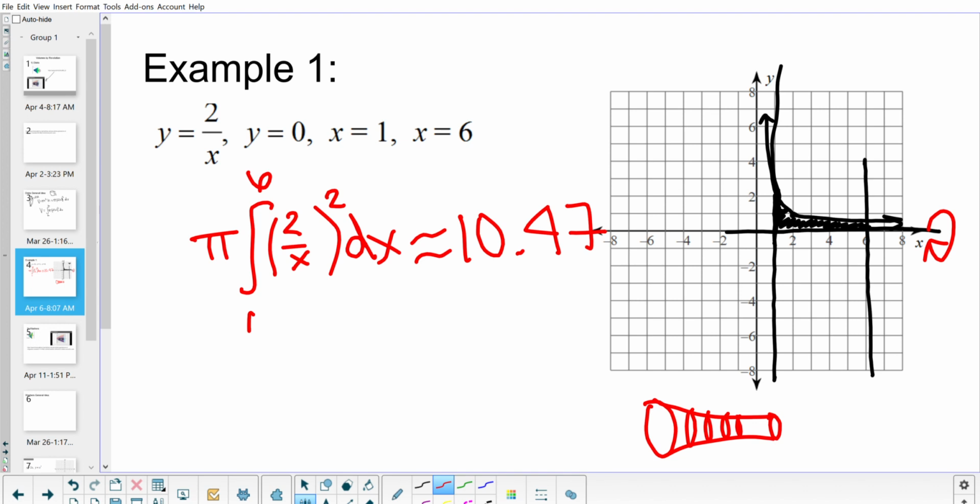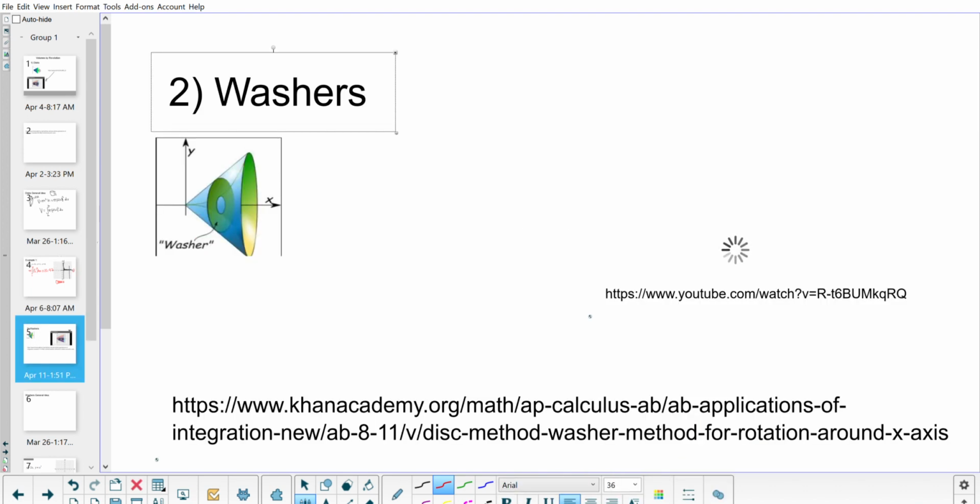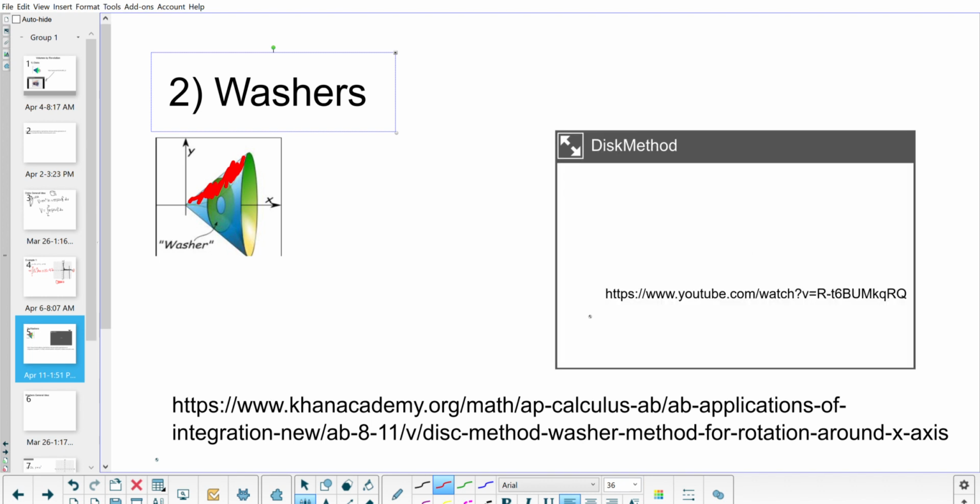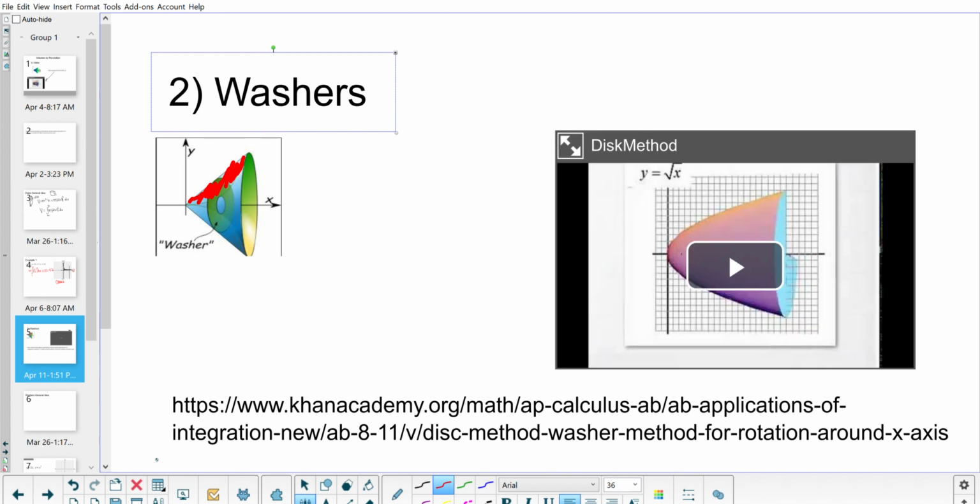However, if the area we're rotating, like this one here now, is not snug up against the x-axis, as in it's between two curves, you're not going to get a disc shape. It's not going to be like a bunch of quarters, like a roll of quarters.